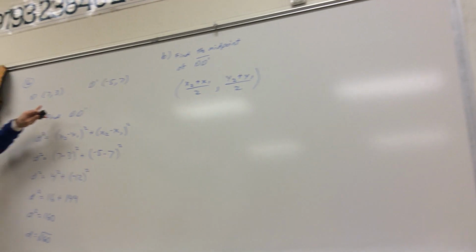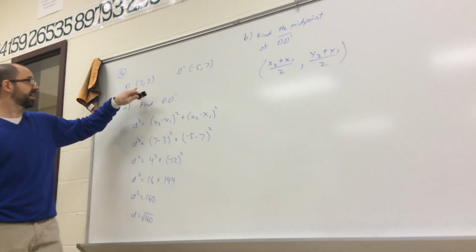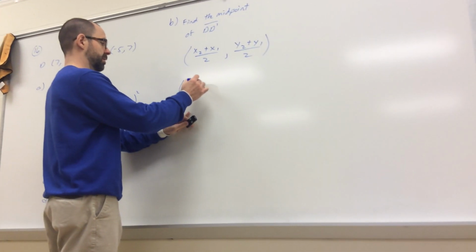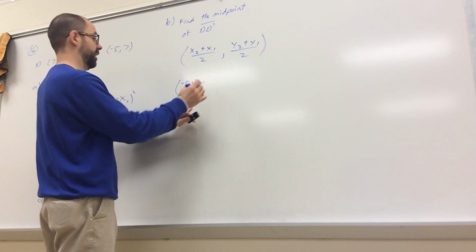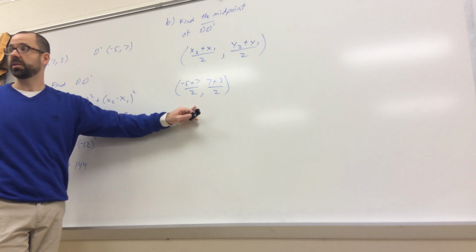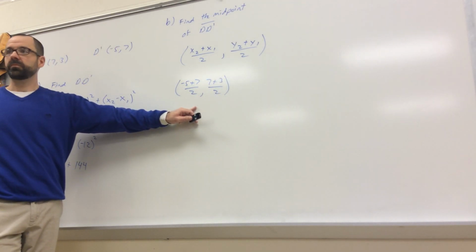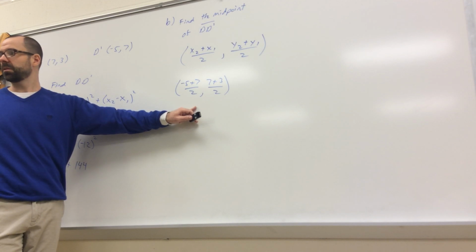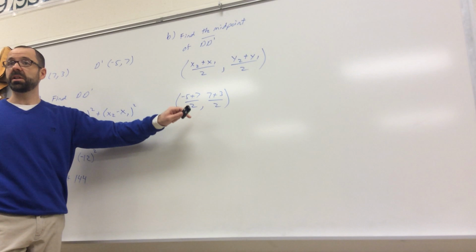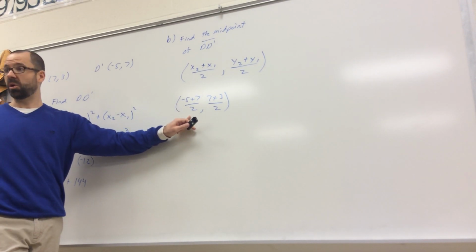So this time we're going to take -5 plus 7 and divide it by 2, and 7 plus 3 and divide it by 2. So -5 plus 7 is 2, and then 2 divided by 2 is 1.